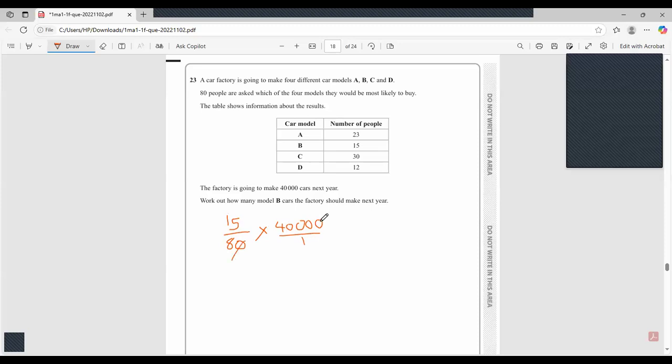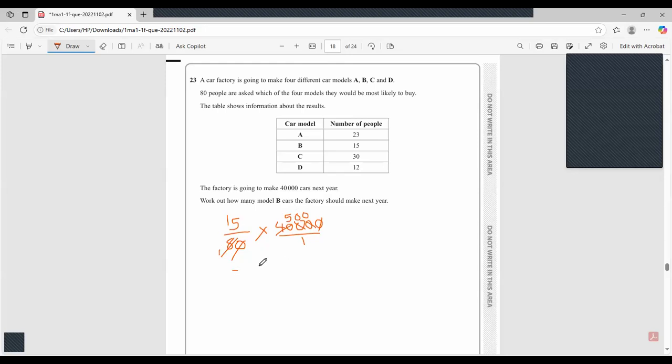So this 0 will cancel one of these zeros, and 8 will do its favorite thing, taking itself out. 8 in 40, I just said it less than 5 minutes ago, is 5. All these ones, there's no remainder, so you just put your 0 and 0. So you are left with 15 times 500, and that is another easy calculation to do.